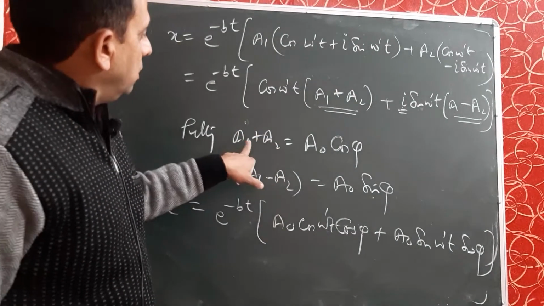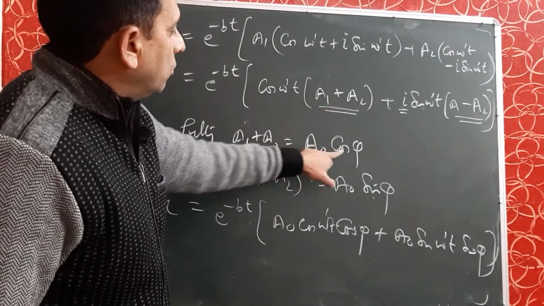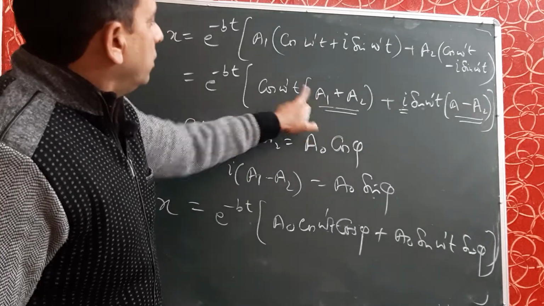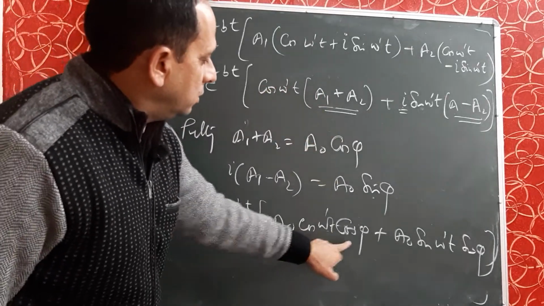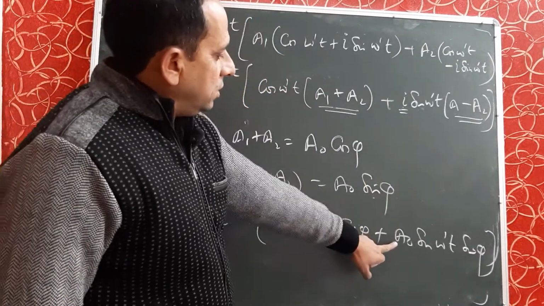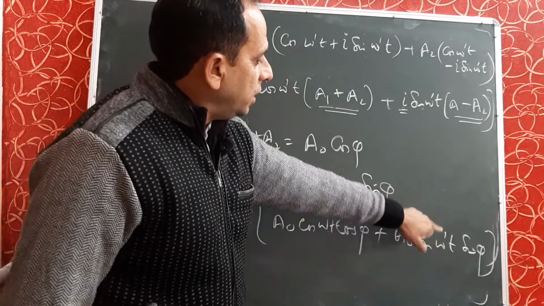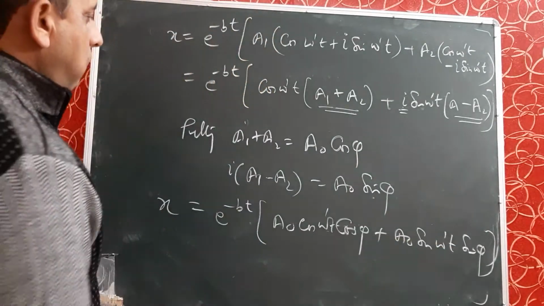After putting the value of a1 plus a2 here, it will become a naught cos omega dash t into cos phi, and similarly here, it is a naught sin omega dash t into sin phi.